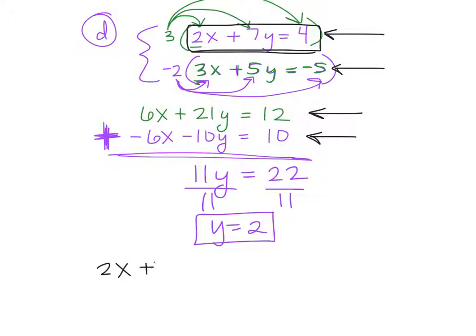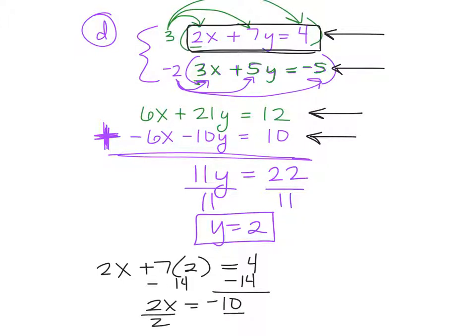So 2x plus 7 times your y value, which is 2, should equal 4, okay? So this is 14. Take away 14, you get 2x equals -10, and then divide by 2. So x should be -5.